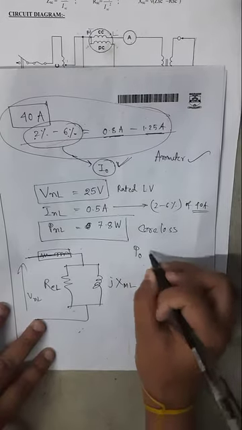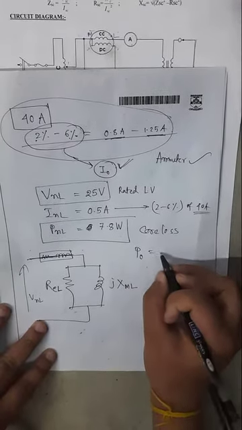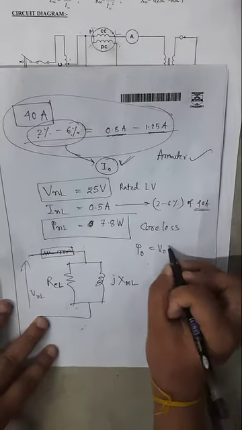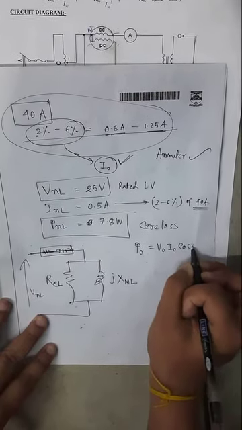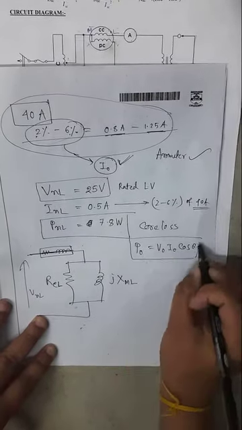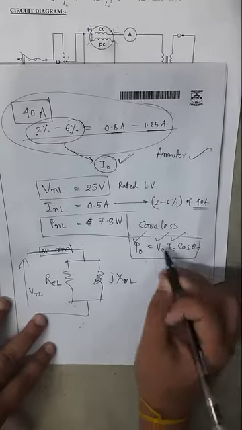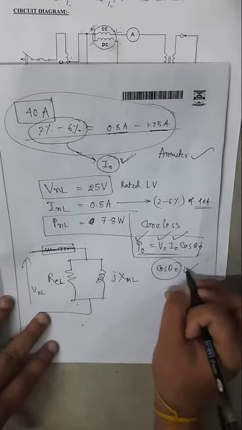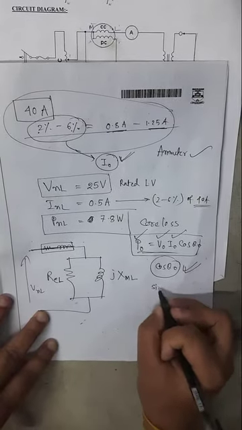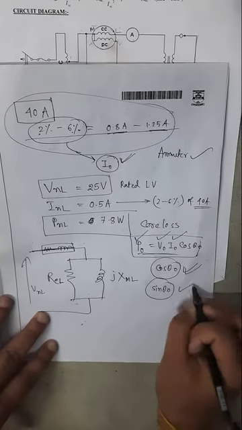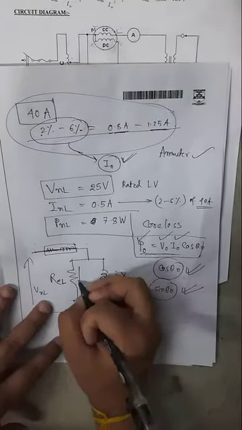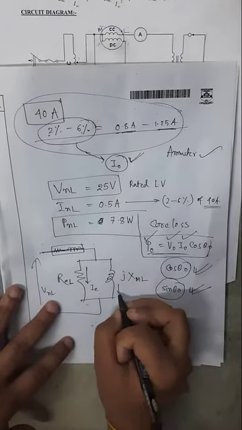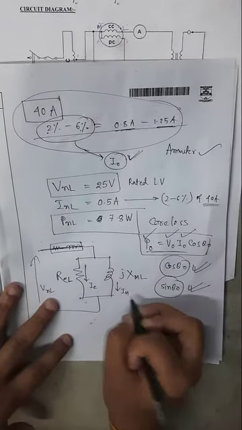No load power P0 or PNL is no load voltage into no load current into no load power factor cos theta 0. So P0, V0, I0 are known to you. You can calculate cos theta 0, and then sin theta 0. Then the two currents, core loss current and magnetizing current, can be calculated.